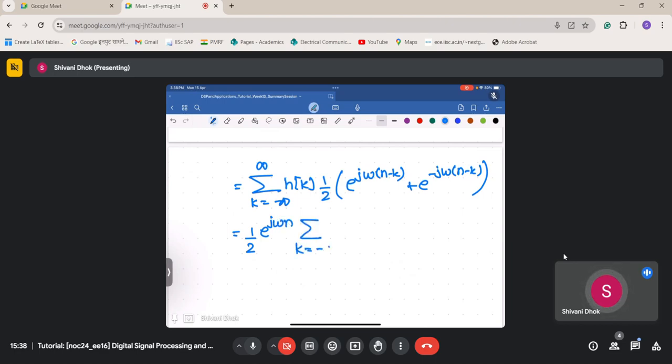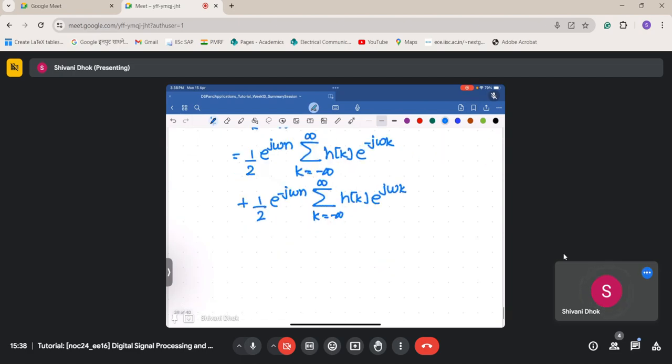Summation k running from minus infinity to infinity h of k into e power minus j omega k. And the second term is half into e power minus j omega n, which I can take outside, into summation k running from minus infinity to infinity h of k into e power j omega k.